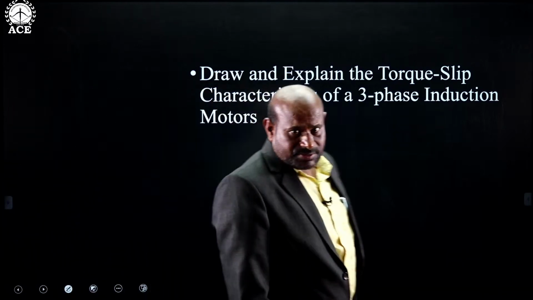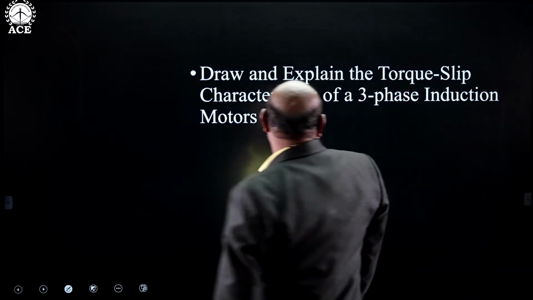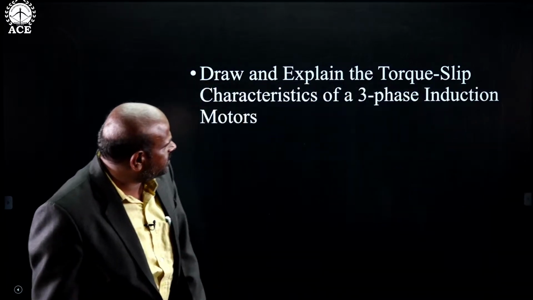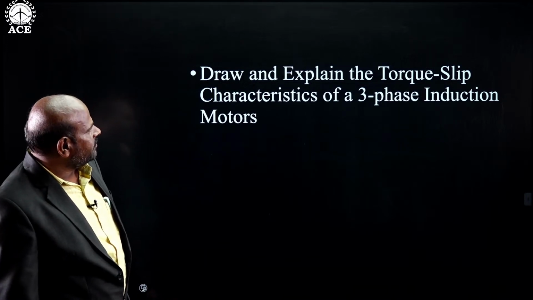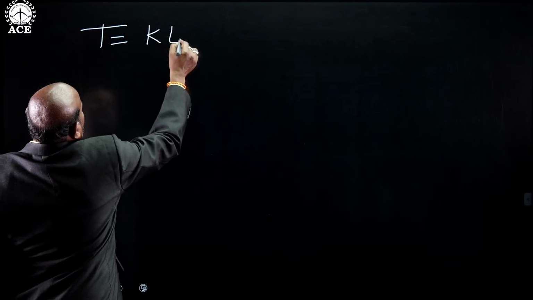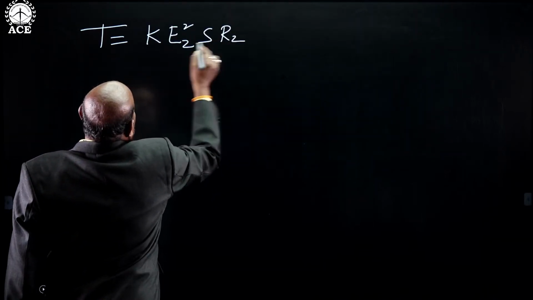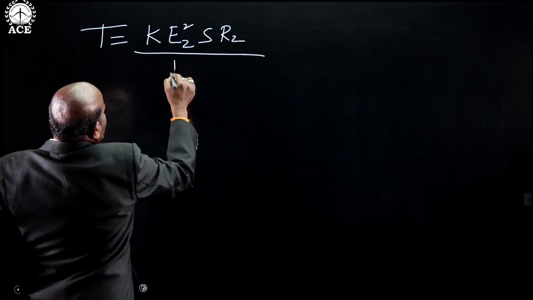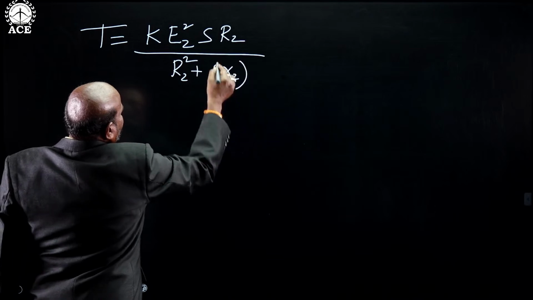So one more important question is, draw and explain the torque slip characteristics of a three-phase induction motor. We already know the torque expression of an induction motor: K E2 square S R2 by (R2 square plus (S X2) whole square).